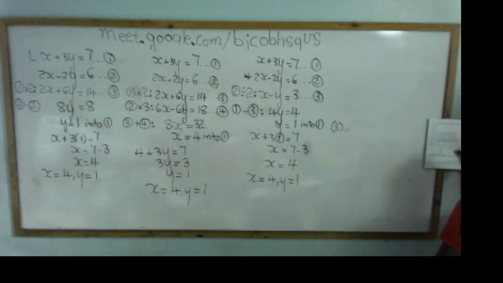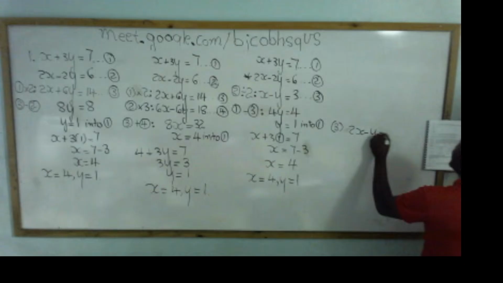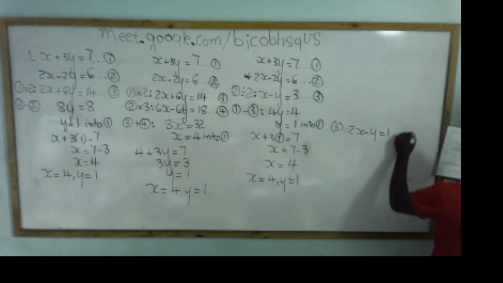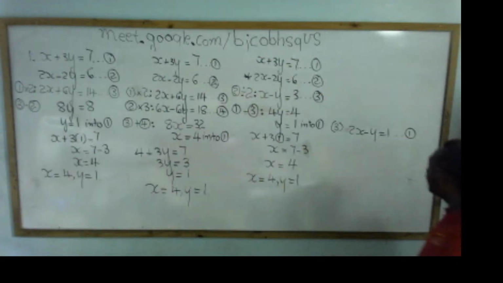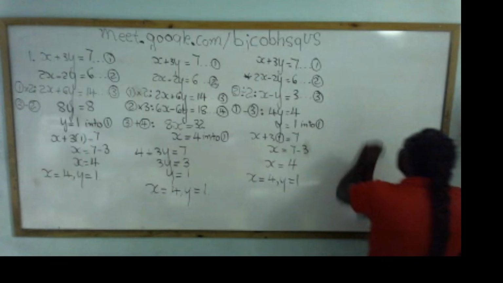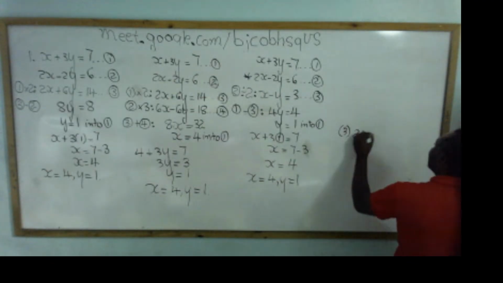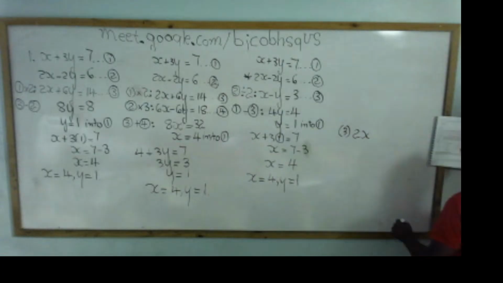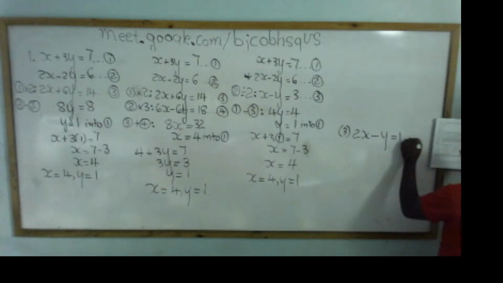2x minus y is equal to 1, and that is equation 1.